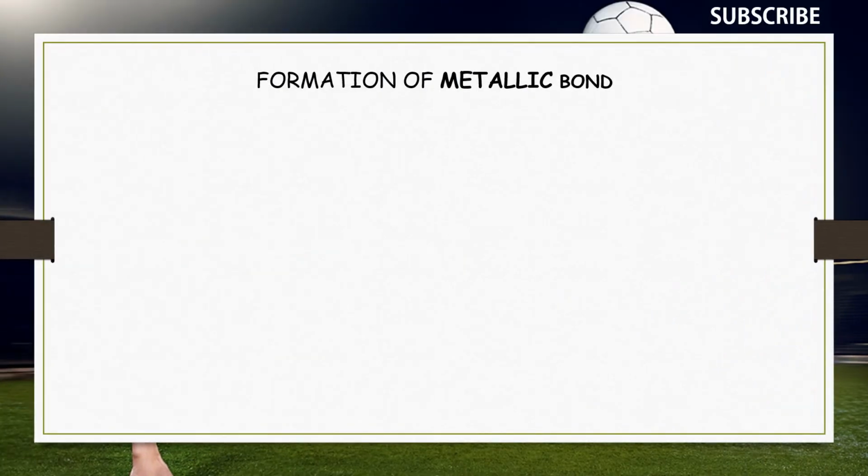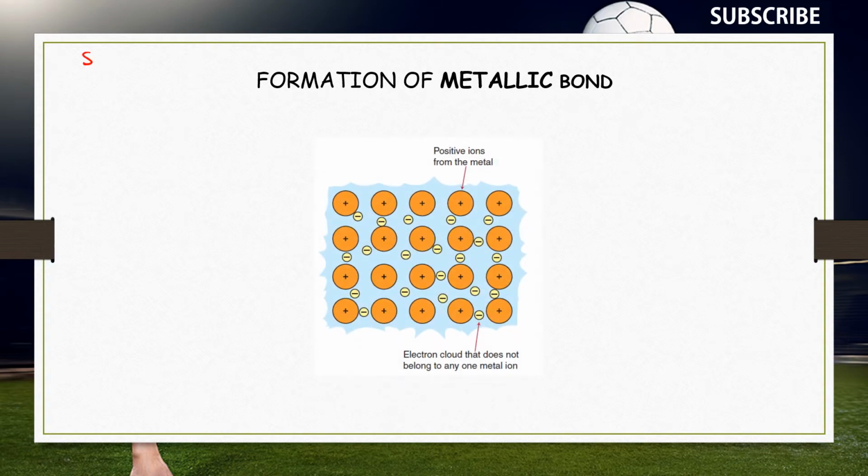Formation of the metallic bond. We have seen that most metals are solids. If you look at the arrangement of atoms in these solids, we shall see that atoms are always closely packed. Although they are vibrating, they are closely packed. Based on the atomic structure, we know that atoms are generally neutral. They have no charge at all, meaning that the number of protons and electrons are equal.